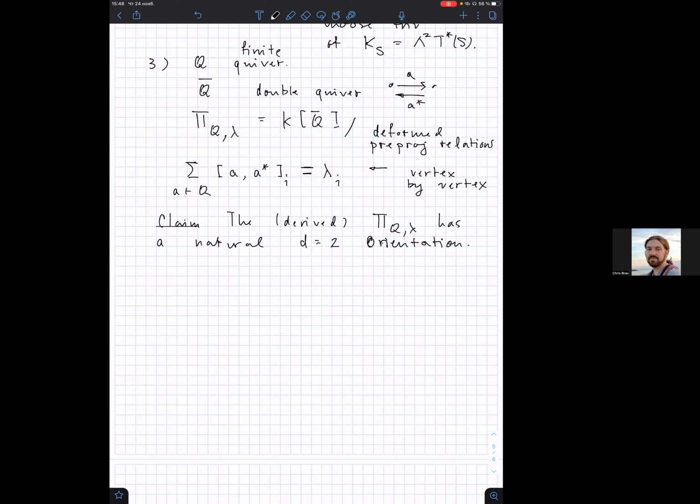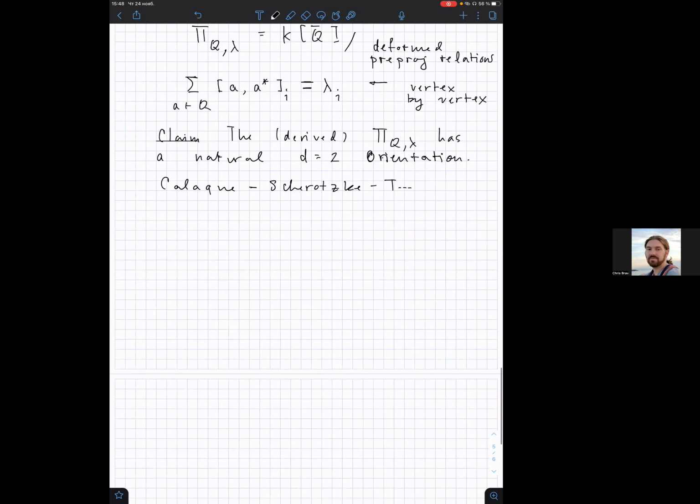This is a little harder to explain, but one reference for it is a paper of Polak, Shirotska, and there's a third author. I've never met him, so I can't remember his name. It's with a T. So I apologize to him.